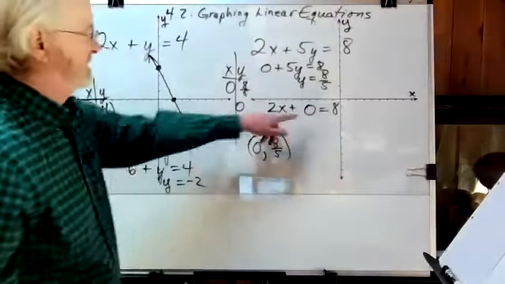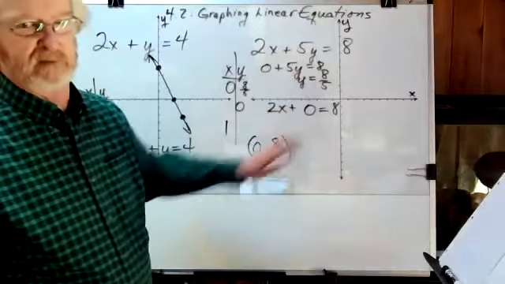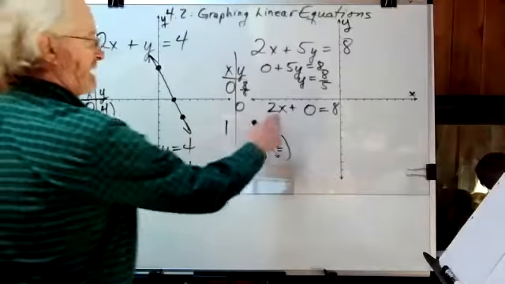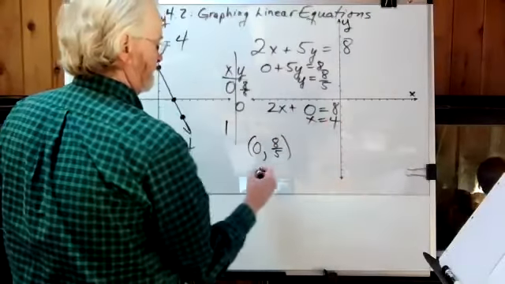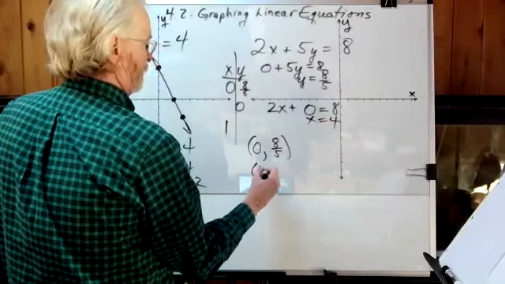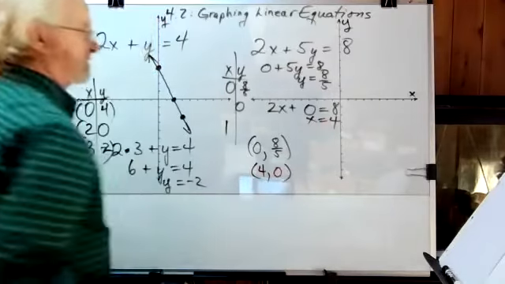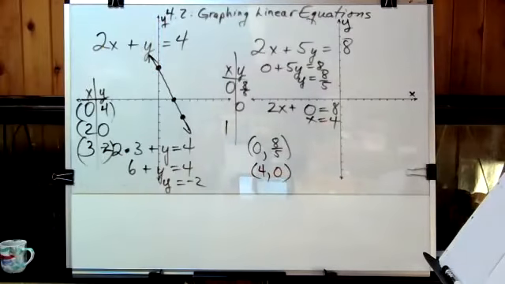They're okay with that. 5 times 0 is still just going to be 0. 2x is 8, so divide by the 2, I got x is 4. So 4 was the x when y was a 0. That one will look okay on the graph.